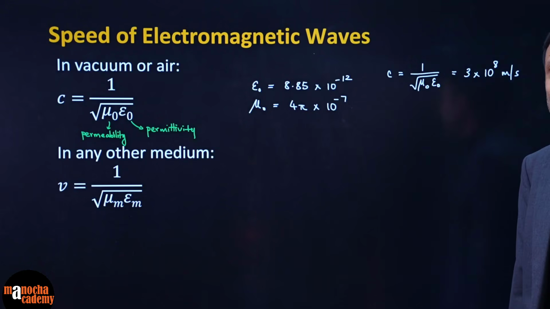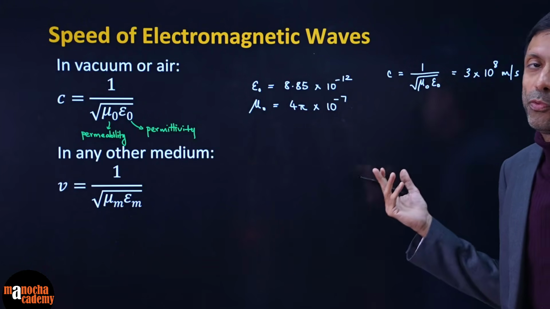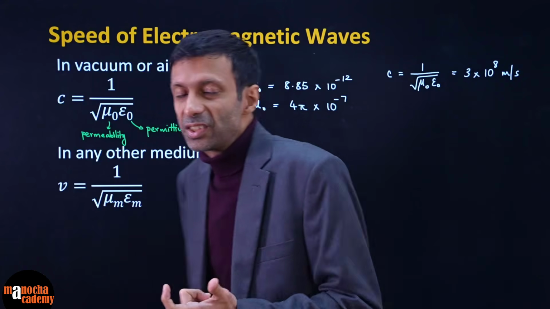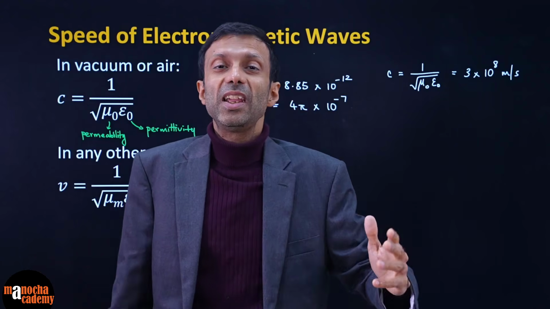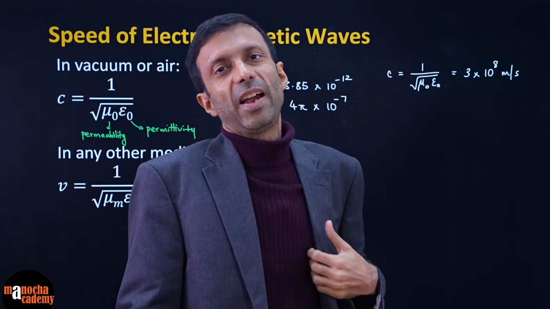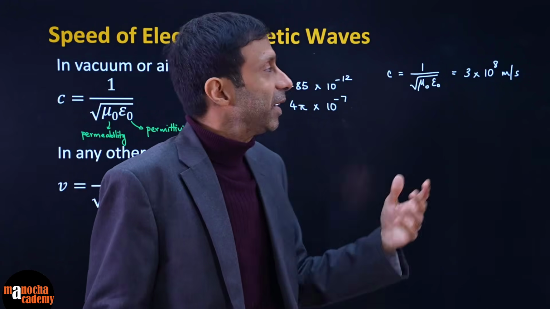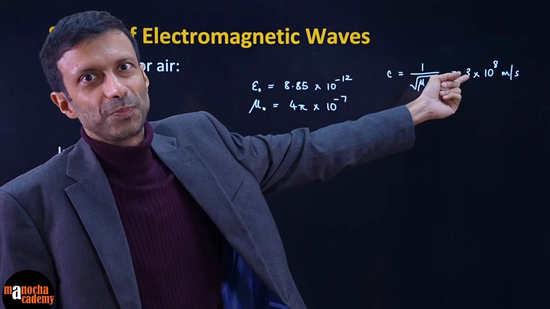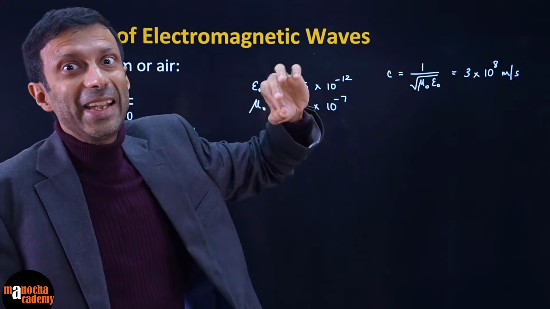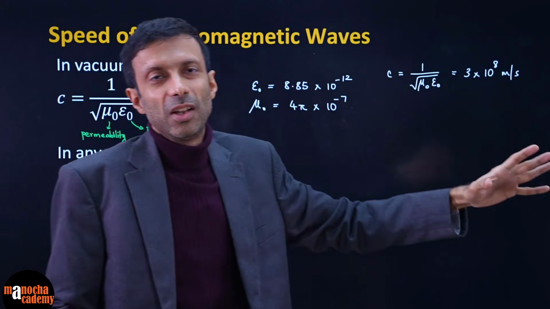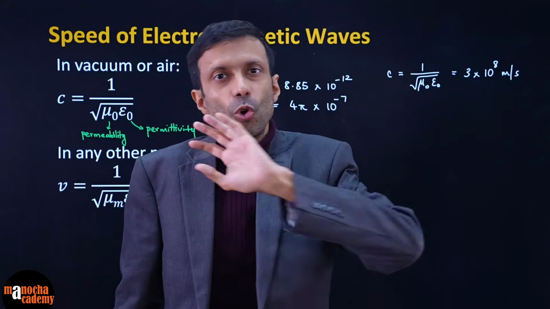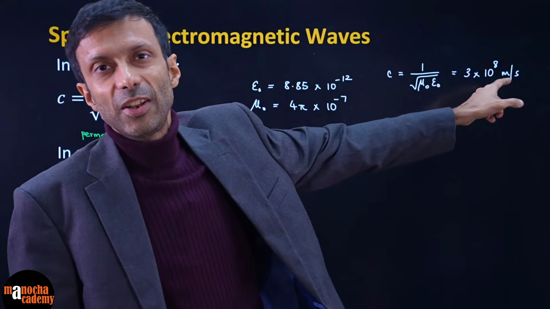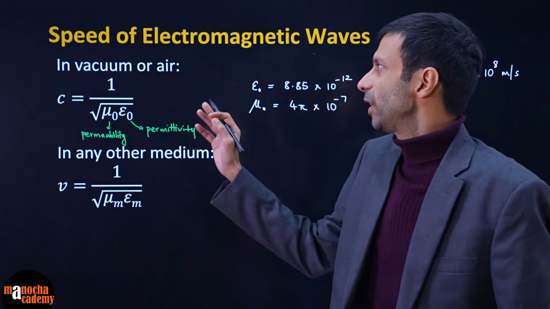Okay, clear? So this is the speed of light, and by this Maxwell's theory, he predicted the speed of light in vacuum or free space, and it turned out to be this value. So it clearly shows light is an electromagnetic wave, a wave created by oscillating electric and magnetic fields. No medium is required, and it is traveling with the speed that exactly Maxwell predicted based on his formula.